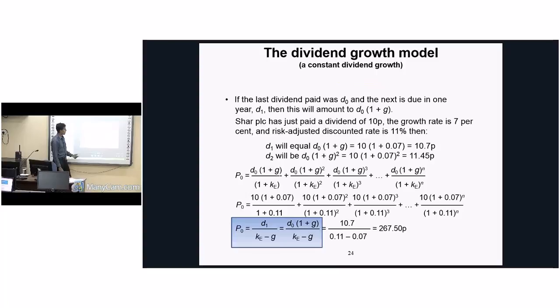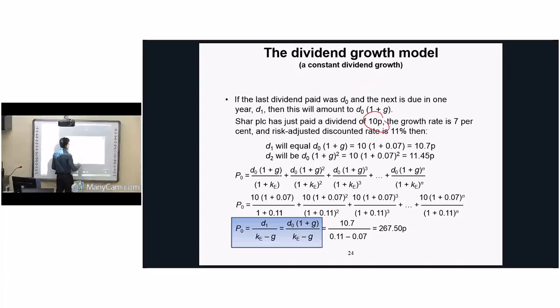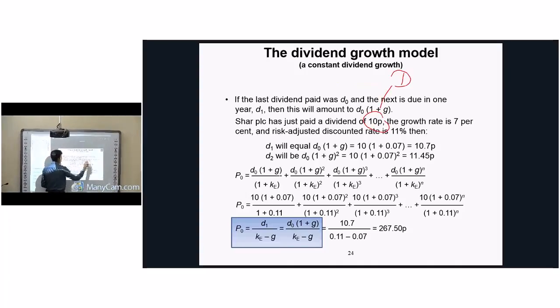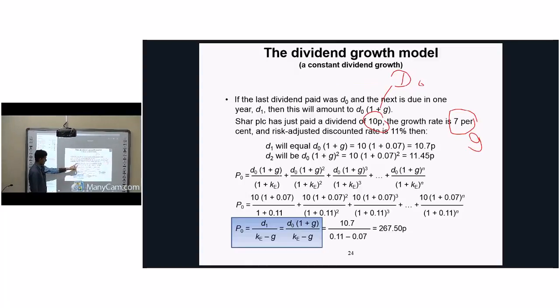Now, we'll try to put it into numbers. Let's take this firm, Shah PLC, which has just paid a dividend of 10 pence. That means D0, just paid. The growth rate is given, that is G. The risk adjusted discount rate is Ke.